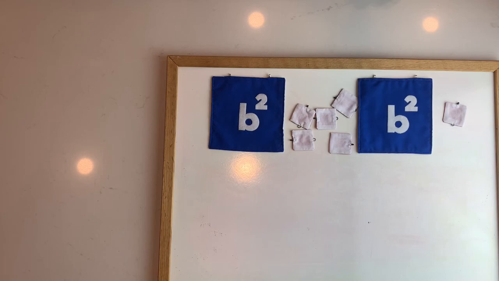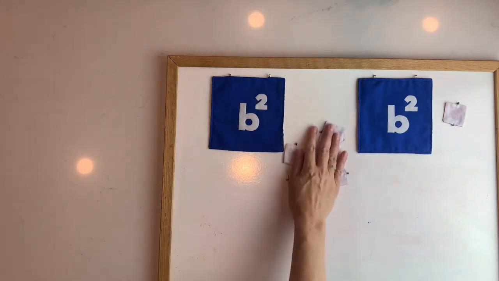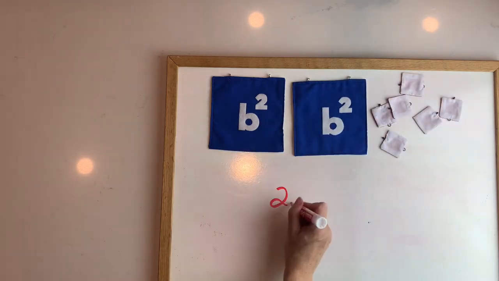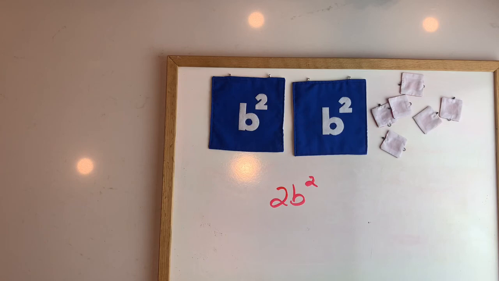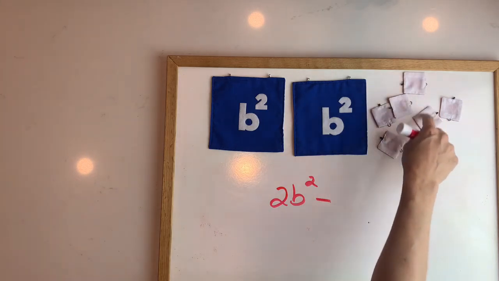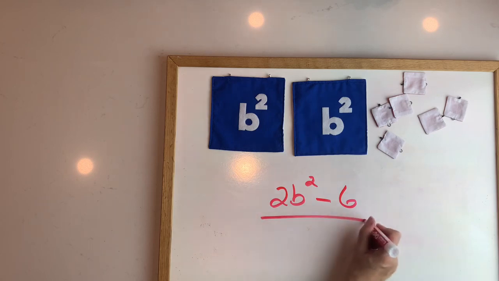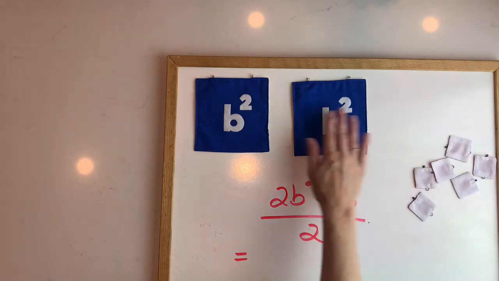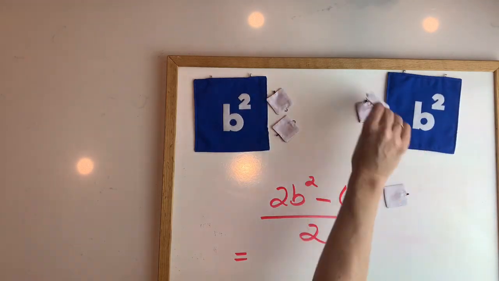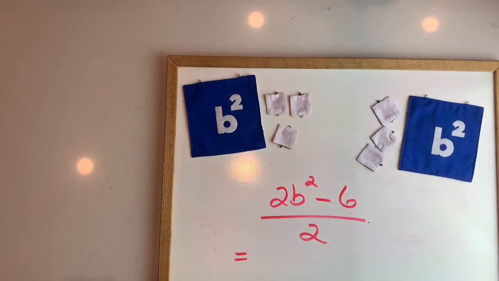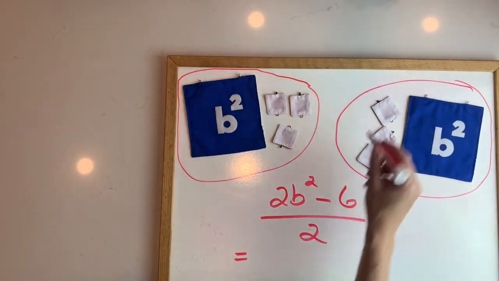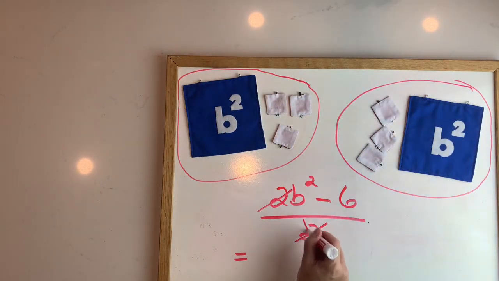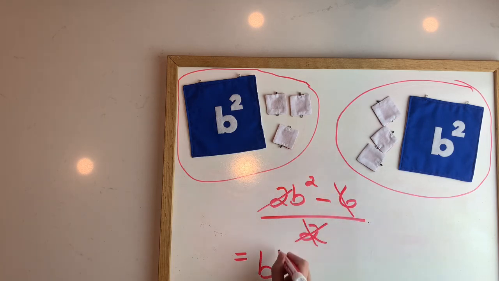If we wanted to divide what we have here into two groups, we could think of it this way. 2b squared minus 6 divided by 2 would give us b squared minus 3.